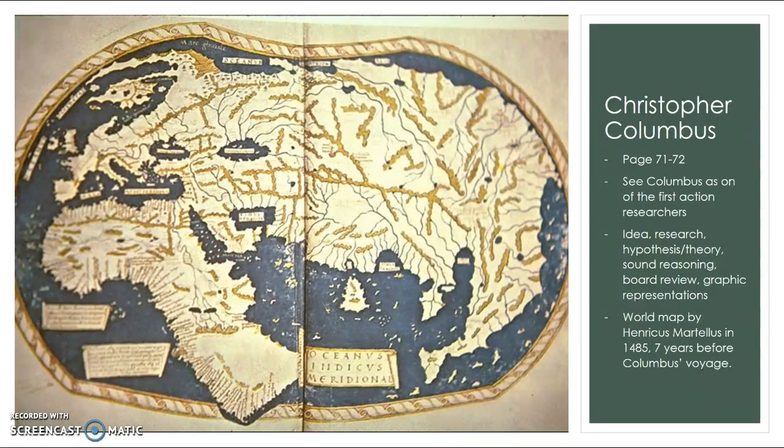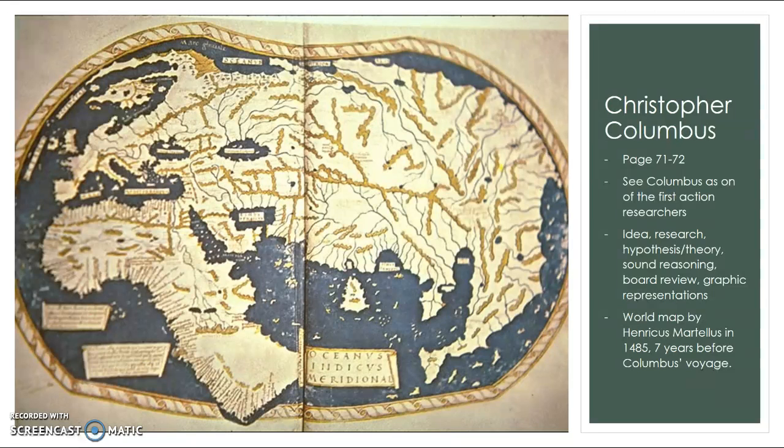It's a pretty fascinating way to tie this in, but he saw Columbus as one of the first action researchers. He followed the steps of having an idea, doing research, hypothesizing, giving sound reasoning, getting reviewed, and showing this map, which, by the way, is a map by Henricus Martellus from 1485, seven years before Columbus's voyage.